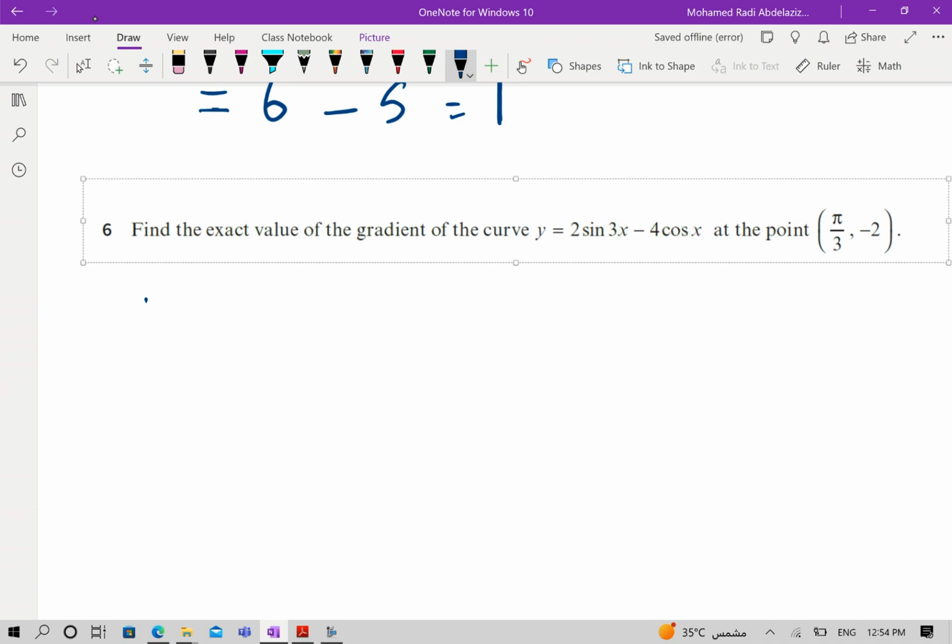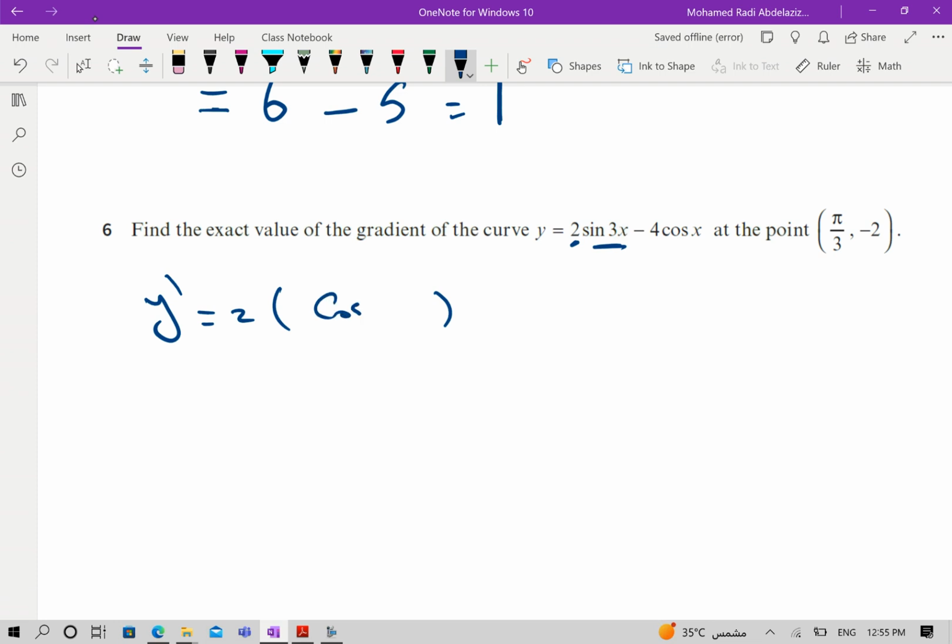dy by dx, y dash is: 2 is constant. Differentiation of sine is cosine 3x multiplied by what? 3, minus 4. Differentiation of cosine is negative sine x.